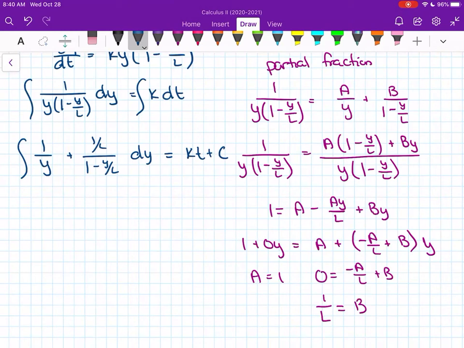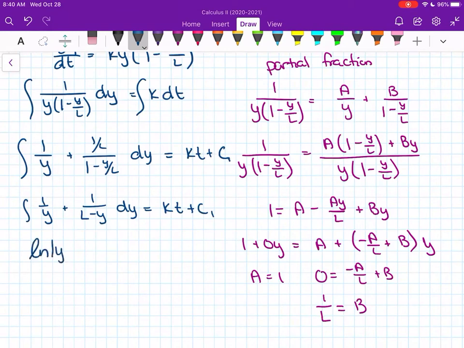Now I'm going to multiply by L on the top and the bottom of that second rational expression. So I get 1 over L minus y dy equals kt plus C. You can call it C sub 1 because we'll probably have to do another constant later, so might as well.